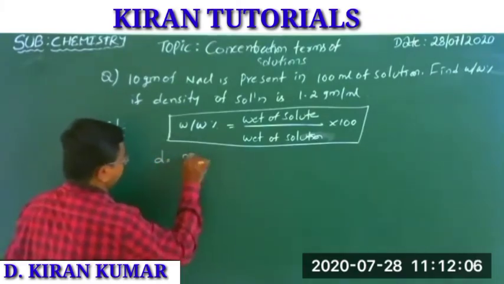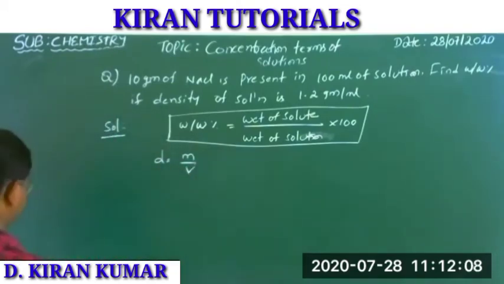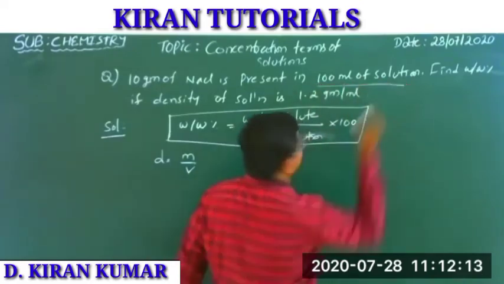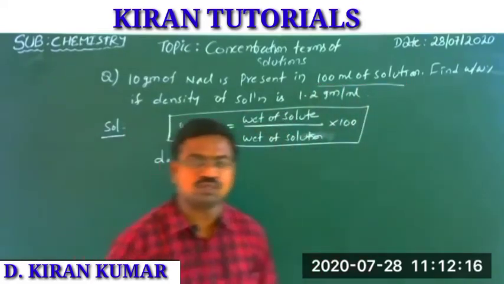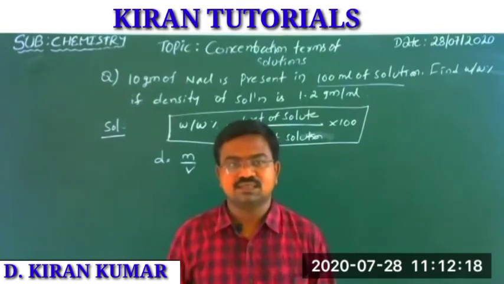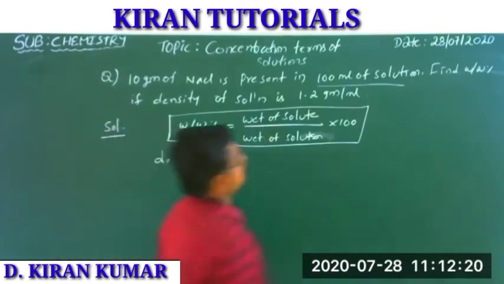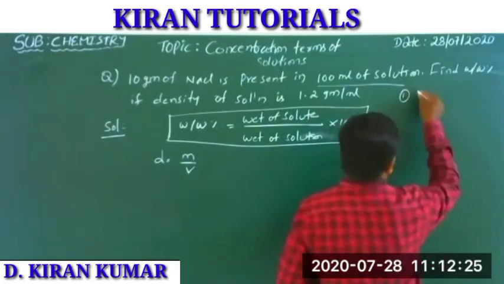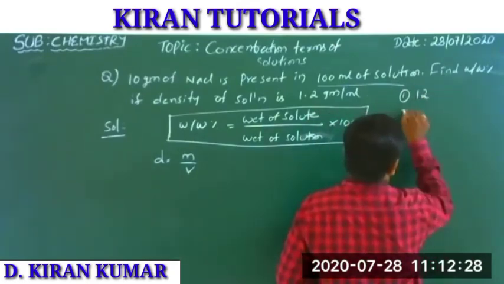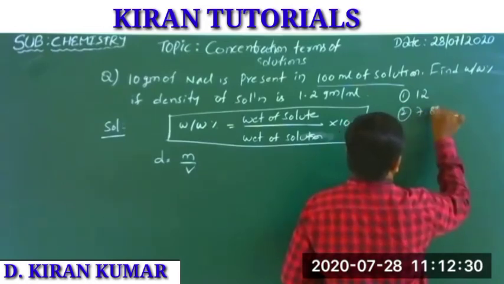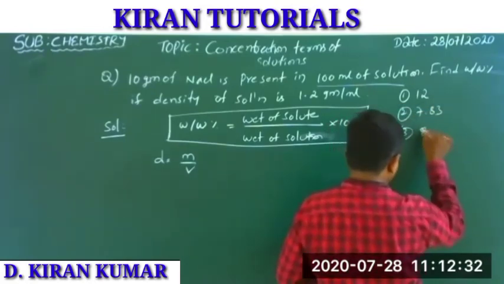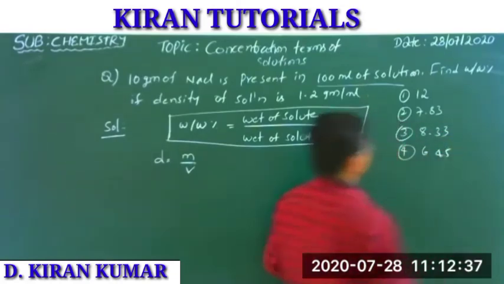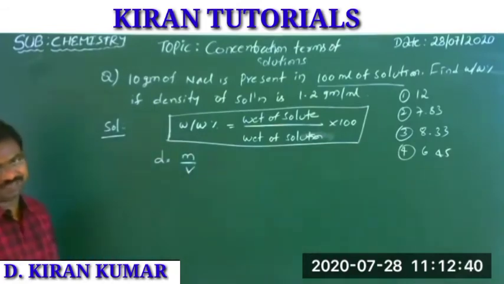Density is equal to mass by volume. Then we have to find the mass here, because the volume is present. But what is the question? We have to find weight by weight percent. So the options: first option 12, second 7.83, third option 8.33, fourth option 6.45. So which option is correct?